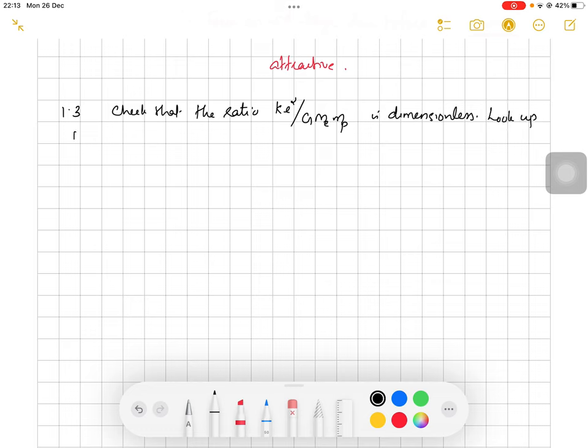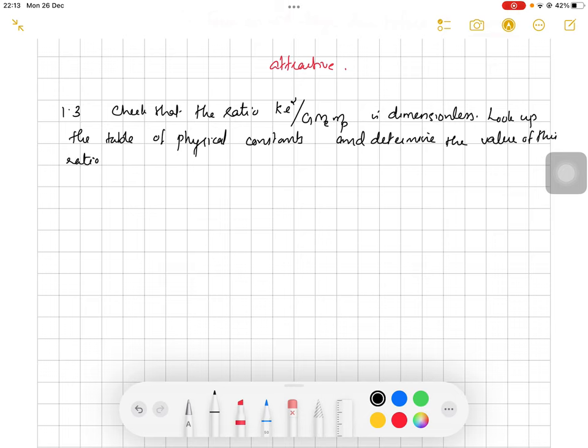Look up the table of physical constants and determine the value of this ratio. We have to find the ratio of ke² by G me mp.